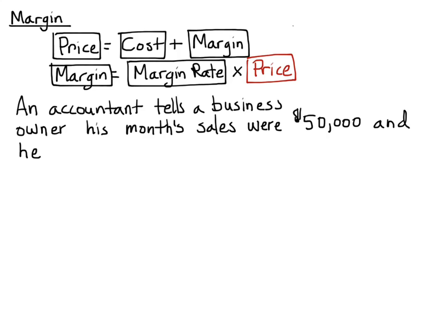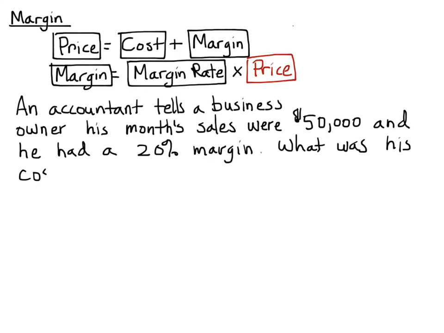So if a month's sales were $50,000, and the accountant says he had a 20% margin, what were his costs? This is really the question that goes hand in hand with margin. I know what I took in, I know what my margin is, what is my cost? So we apply this to our margin.